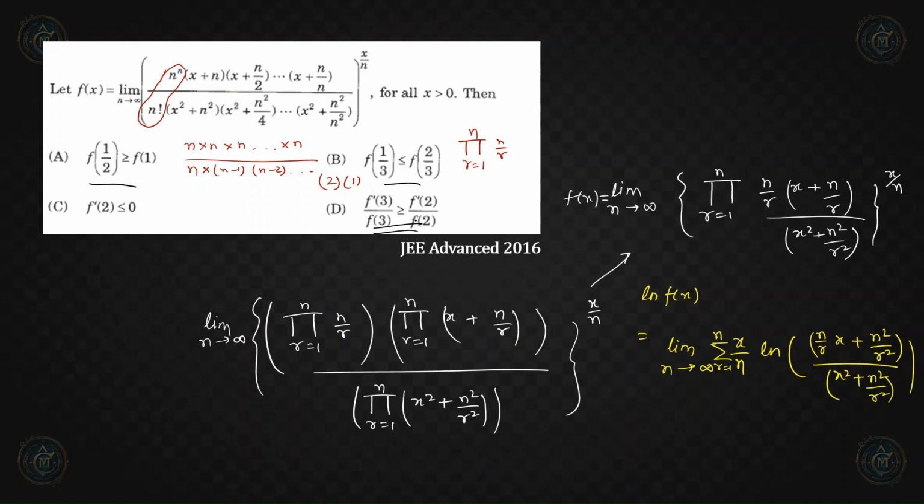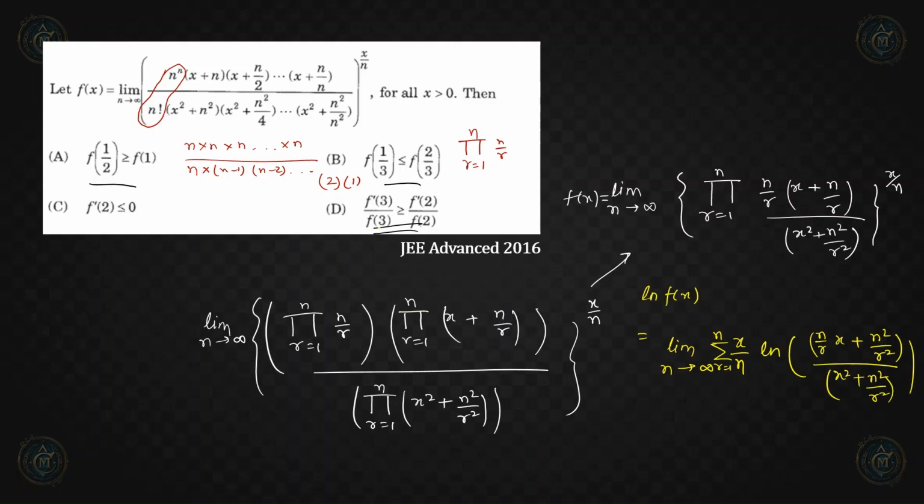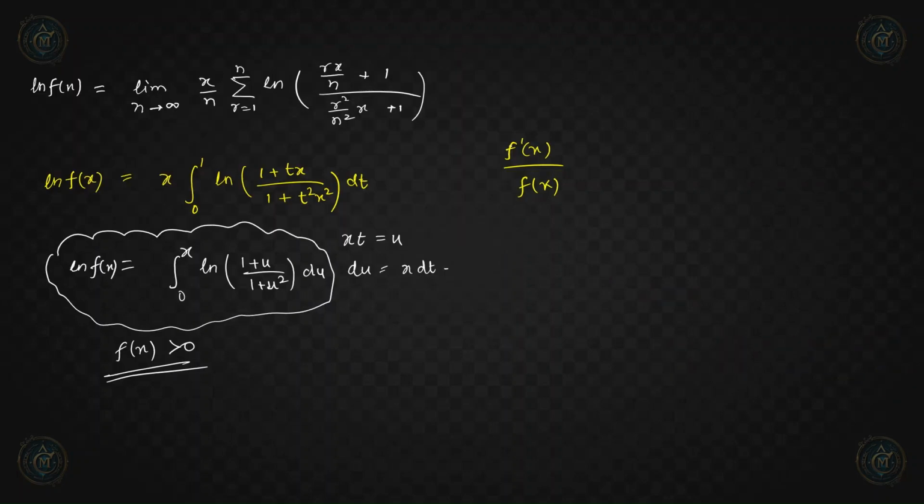This option D is the easiest among all the options, because this is the form f dash x by fx, and as we have already created this log of fx form, we can differentiate both sides with respect to x using the Leibniz rule. If we differentiate both sides, we get f dash x divided by fx. See, this form that we needed to check in option D is already created here.